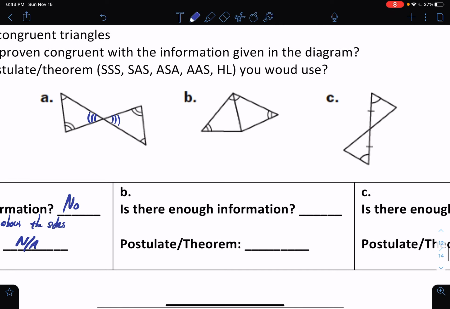Is there anything that we can say about B? Hopefully you see that these two triangles share a side. When I put that tick mark in there, because of the reflexive property, that shared side is congruent between both of my triangles. You can see that this is angle, angle, side.